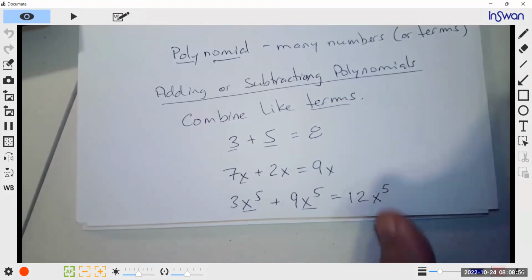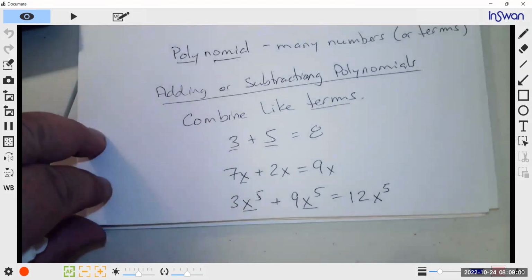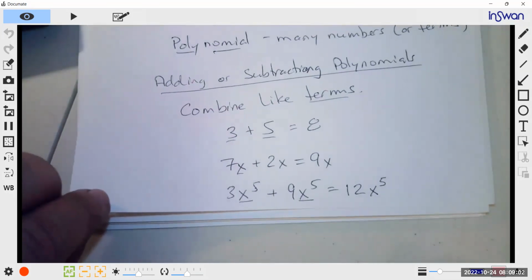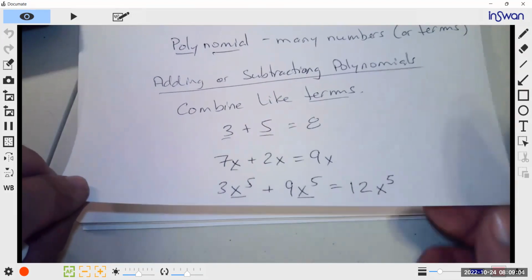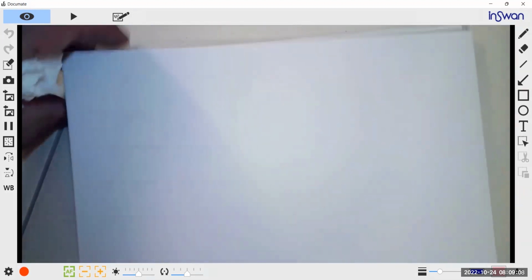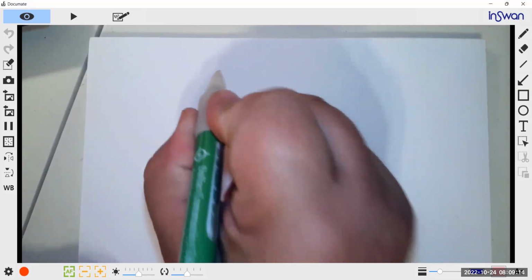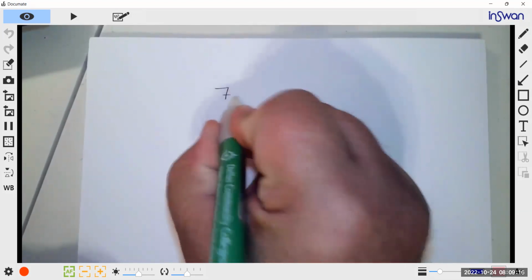I just introduced another word. There's examples of combining like terms. An example of a term, you have 7x.